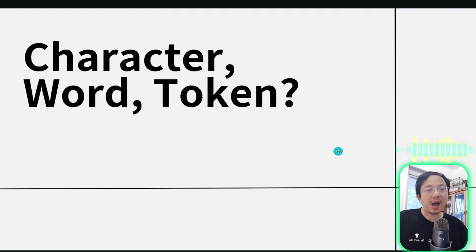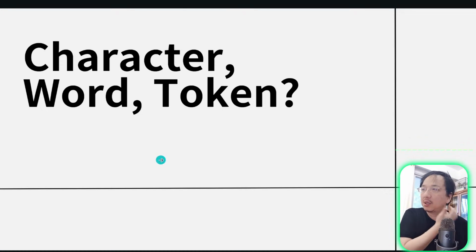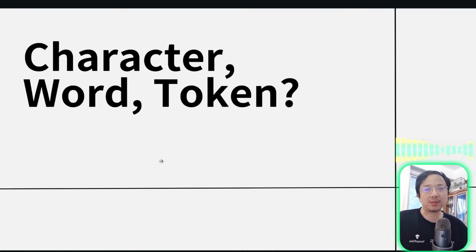So what are these kind of things? Before we want to process the natural languages by transformers or even by other models like LSTM or maybe CNN or any other models, we want to encode the language, the sentence like English or Chinese or Japanese or other language like French, Spanish, into a sequence of things.